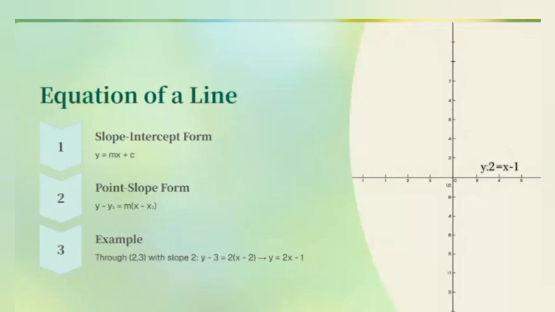So the next thing we're going to be looking at now is the equation of a line. This usually takes two forms. You can have the slope intercept form or the point slope form. Here we are looking at a case where we want to derive the equation from these parameters that we just looked at.